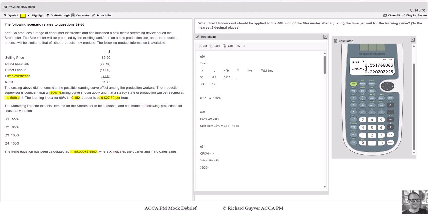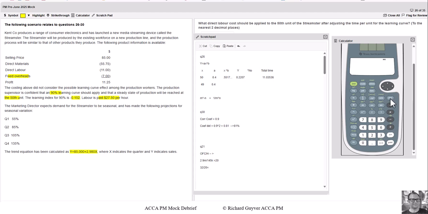Y is 0.2207. But then the next thing I would do is multiply by 50 to get the total time. So I think it's worth taking the calculation all the way to the end and keep a fair number of decimal places. We want 2, so I've gone for 5.